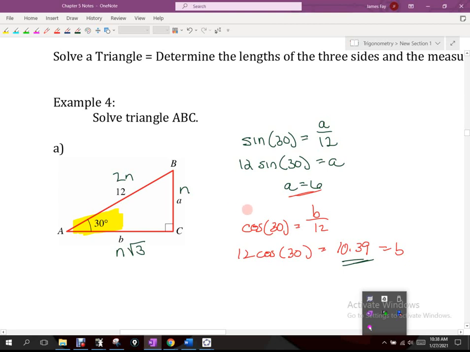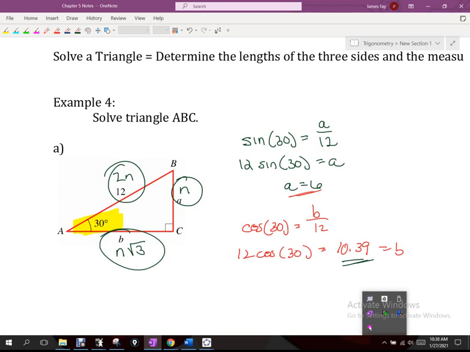So when I write this template on top, I get 3 equations: A equals n, B equals n radical 3, and 2n equals 12.